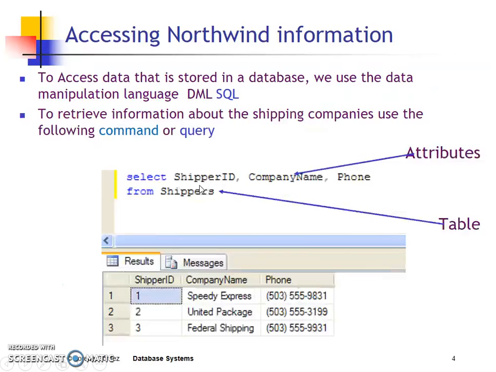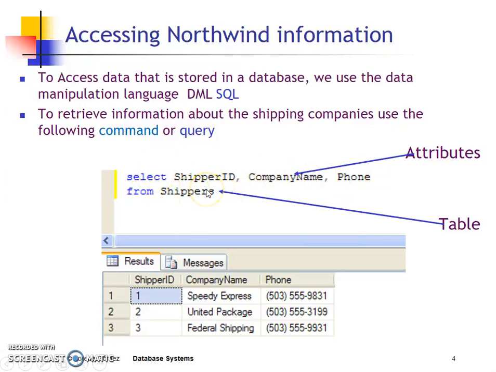Okay, let's start with how you write a simple query in SQL Server or in any other database management system. We use the data manipulation language, SQL, and to retrieve information about the shipping companies, we use the following query: select the attribute ShipperID, the attribute CompanyName, and the Phone from the Shippers table.